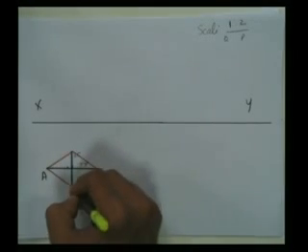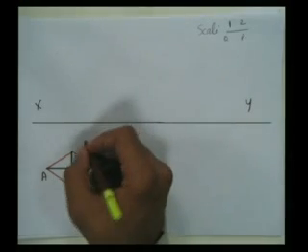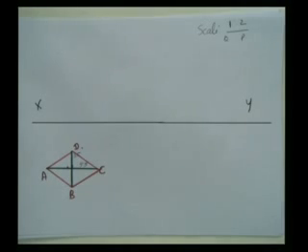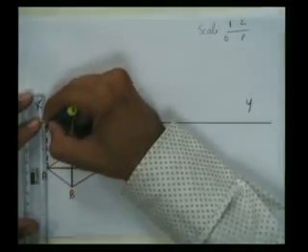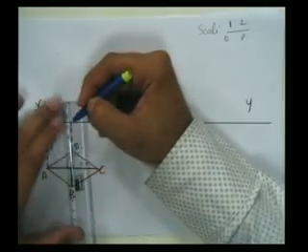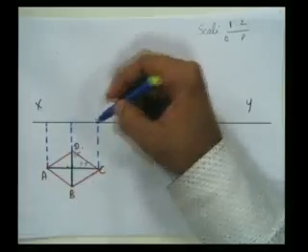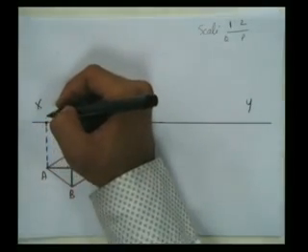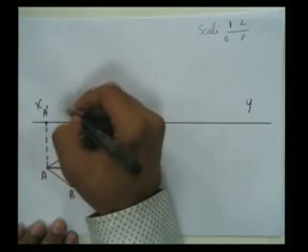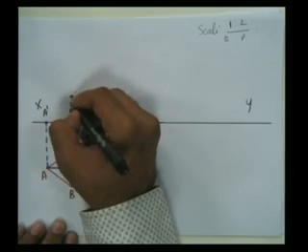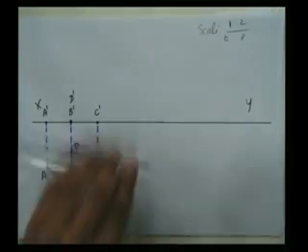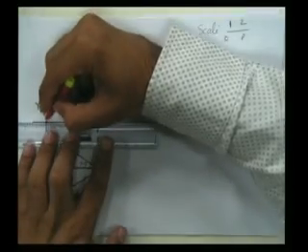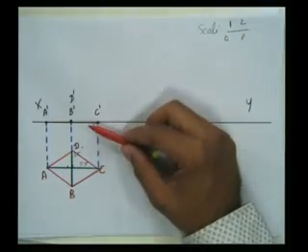Now I'll name it A, B, C, and this is D. Extending the projectors upwards, again from here, again from here, I'll mark the points A dash, C dash, and this line. So this is our top view and this is our front view.